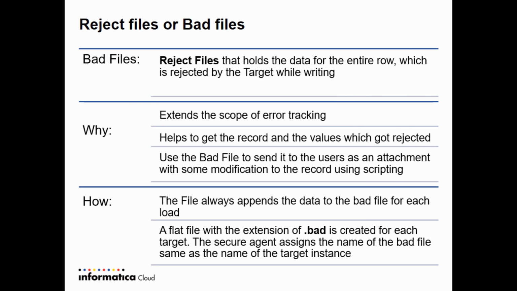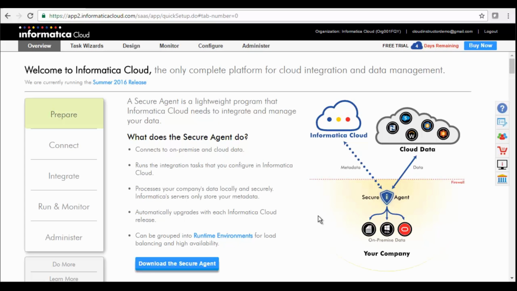In this demo, we will focus on 2 ways to catch and mitigate error conditions in Informatica Cloud. We will first use the error handling functions, that is, error and abort, in an expression transformation inside a mapping to log the errors in the session log file.